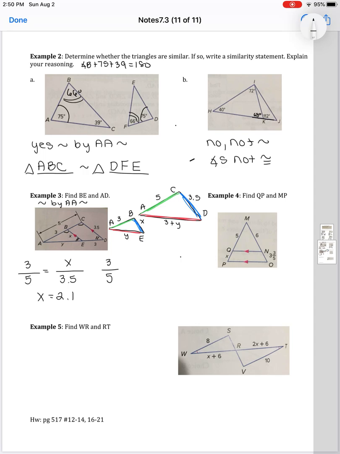If we do the greens again, and now the Y's, or the reds, we have Y over 3 plus Y. So when you do that, just again, make sure that you are distributing. So we get 2Y, and Y comes out to being 4.5. Okay? You don't necessarily need to redraw and color in, but it's definitely helpful, and it makes it pop a little bit more.